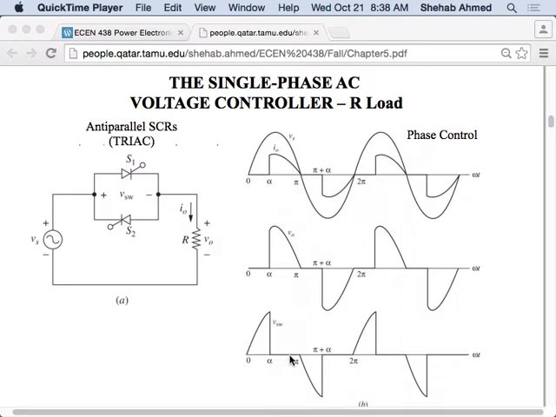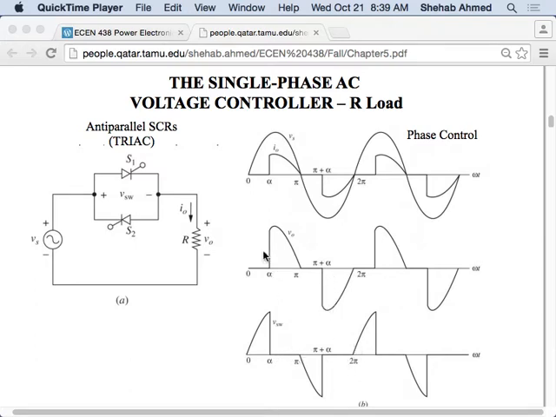If we look at the other waveforms here that they show, here they show the input voltage, and the output voltage and output current look identical, right? That's like we just drew. And of course, if this is the output voltage, then what's the voltage across the switches? When the switches are on, the voltage across them is 0, so obviously this is 0. When the switches are on, output voltage is 0, here and here.